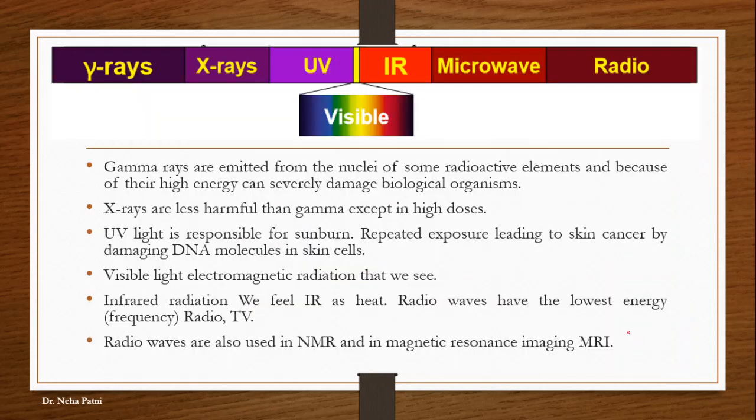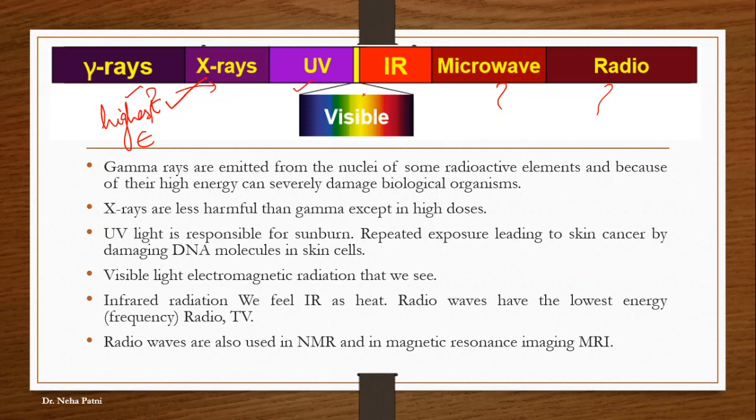So up till now, we started with this diagram only, and now I am ending with this diagram only. I just want you to remember this sequence, because gamma rays are emitted from nuclei of radioactive elements, so it is having the highest energy. And X-rays are comparatively less harmful than gamma rays, but they are also harmful for us in high doses.